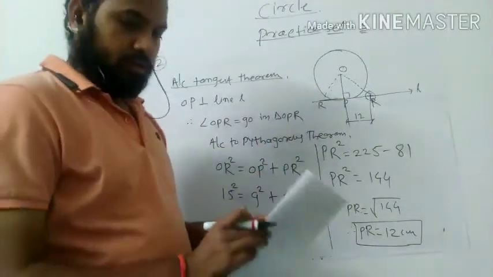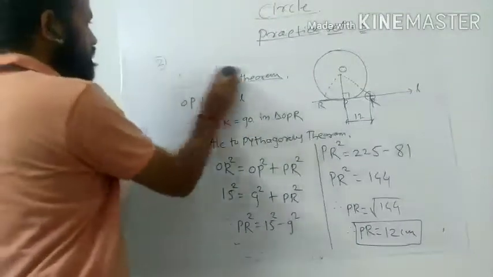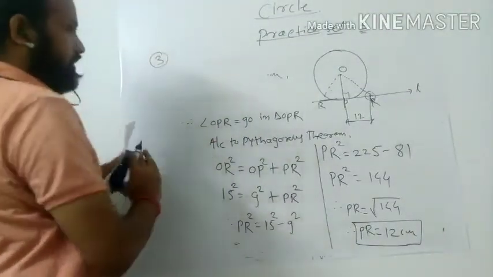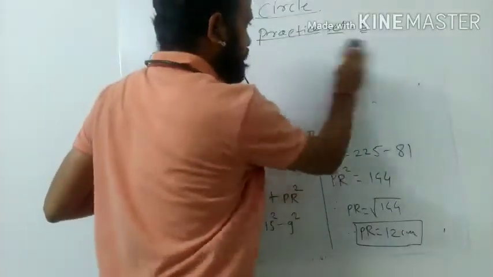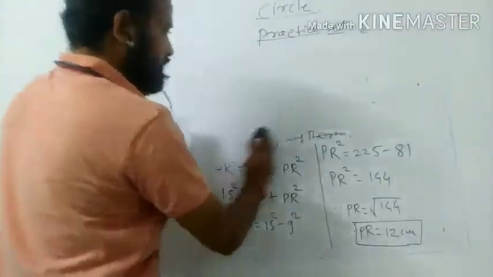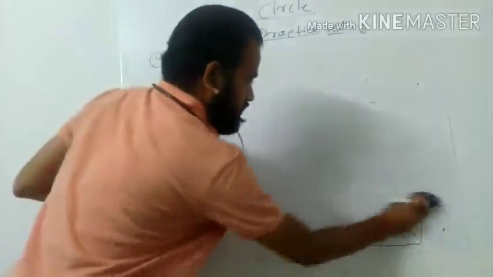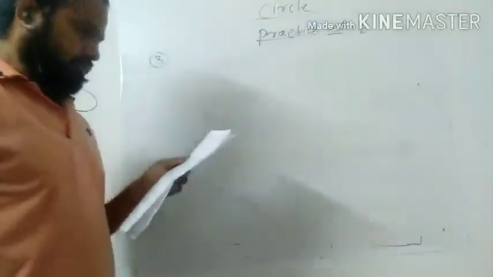Now we will proceed to our next question, question number 3. We are going to start question number 3. A diagram is given, a circle whose center is M. I will read the question again.